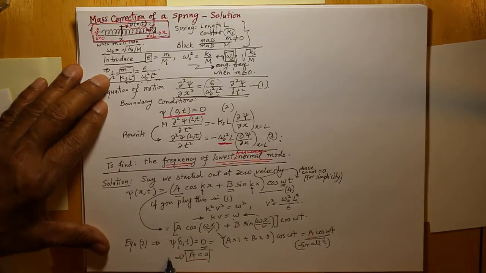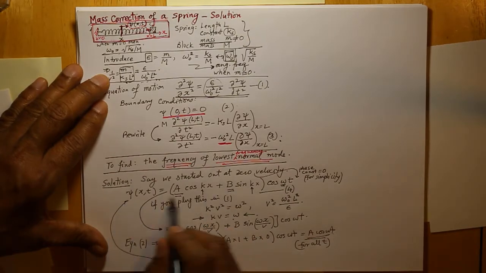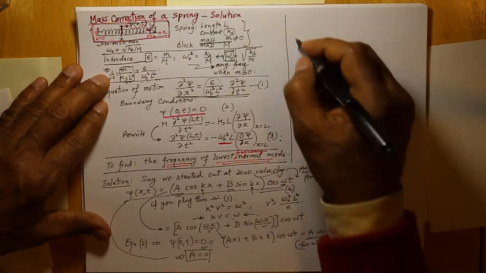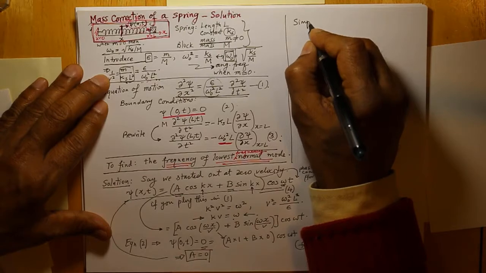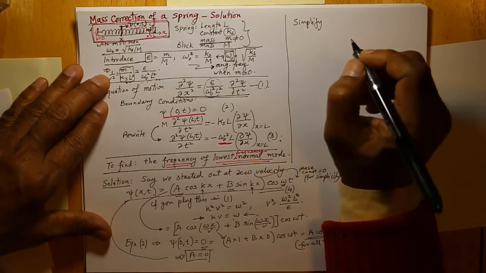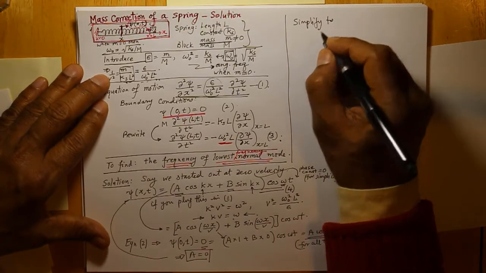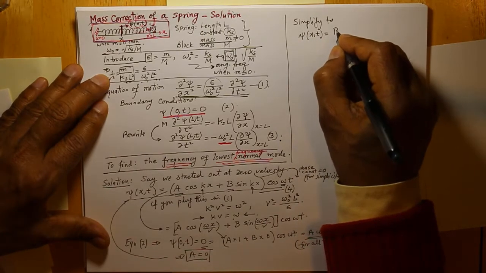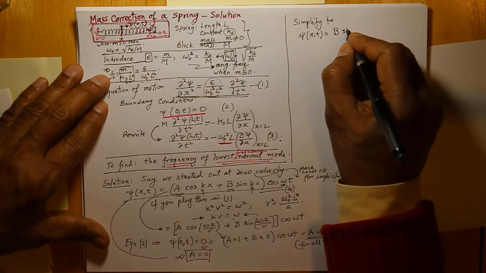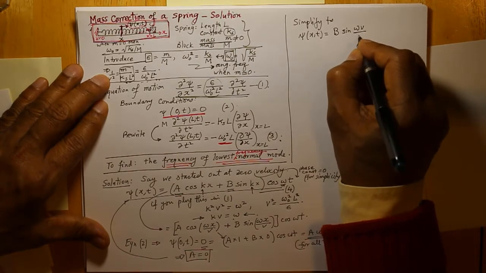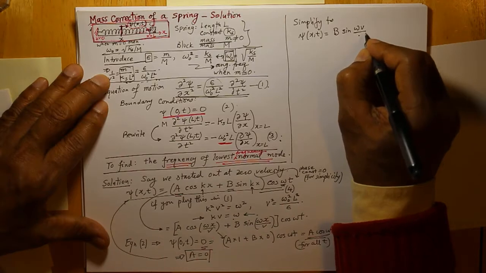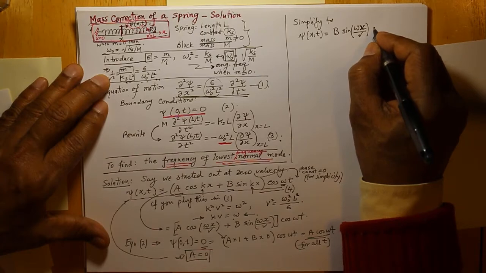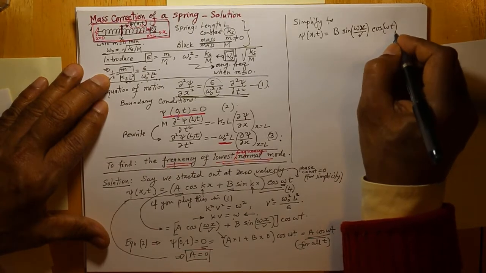That means I can simplify my original equation to psi of x,t equals some constant times sine of omega x over v, times cosine omega t.